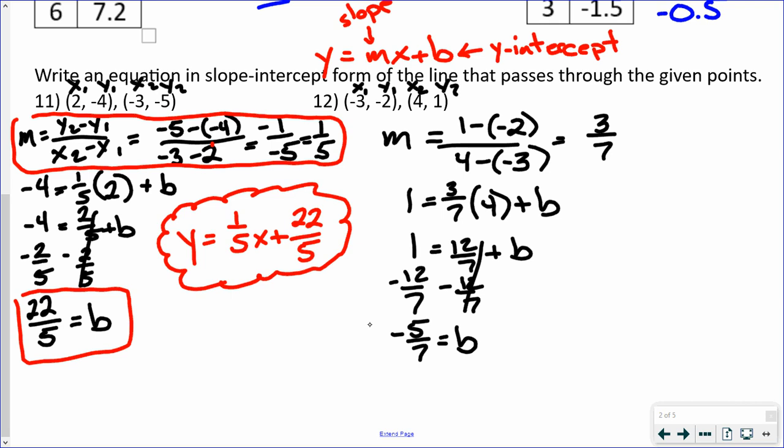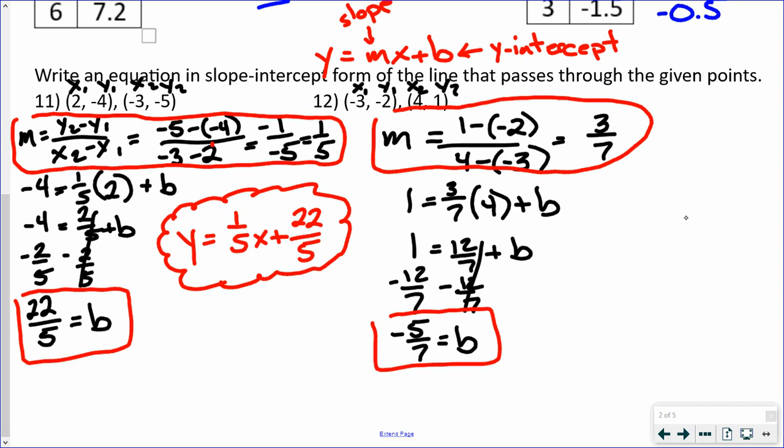So there's my b value, my y-intercept. Here's my slope. And then I just plug those in. y equals mx, so 3/7 times x. And then since this is a negative 5/7, I put minus 5/7.